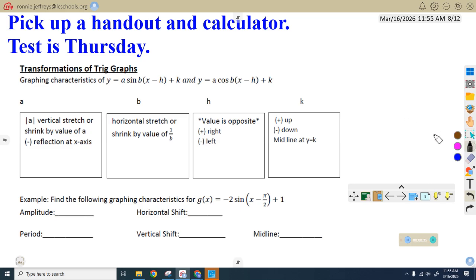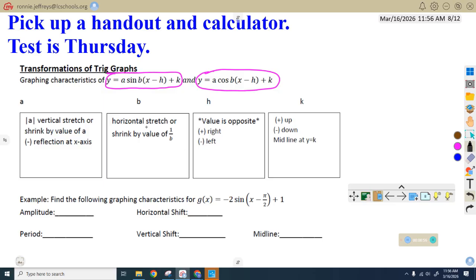Now, we've had this, it's been a hot minute of this A, H, and K thing. All the rules still apply. The same rules.